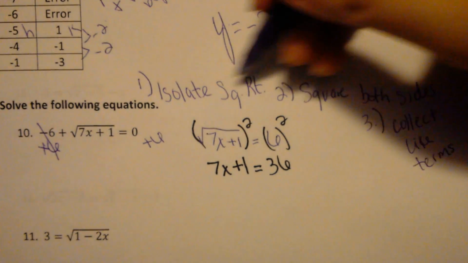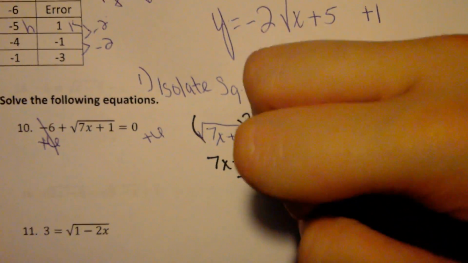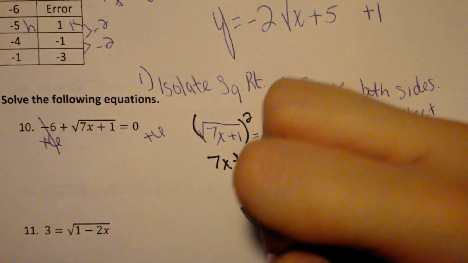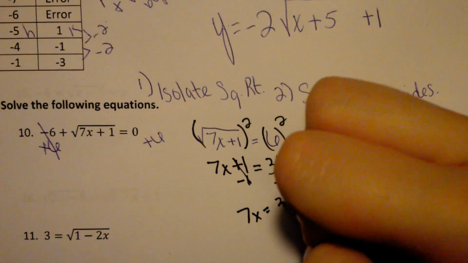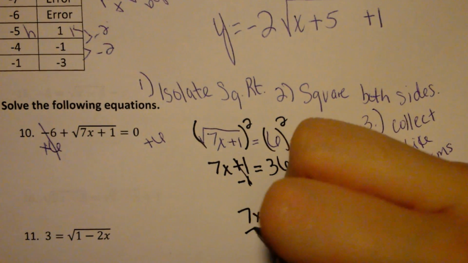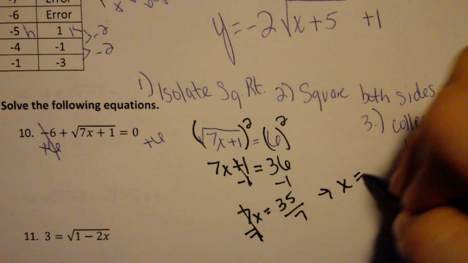It's just kind of the general process of solving these by hand. So here, I'm going to subtract 1 to get all my constants together on one side. So that leaves me 7x equals 35. So now I can solve for x by dividing by 7. So it leaves me x equals 5.